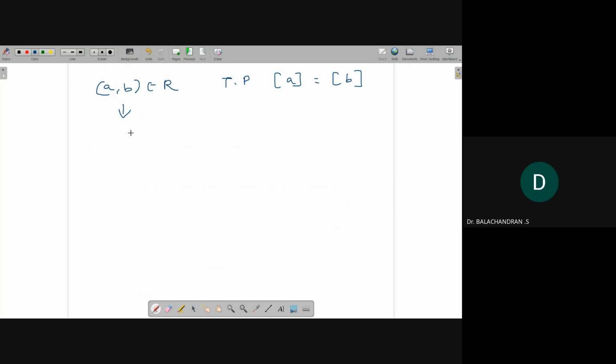First they will take x in the equivalence class of B, or you can take the equivalence class of A also.